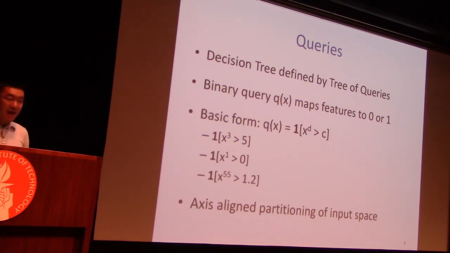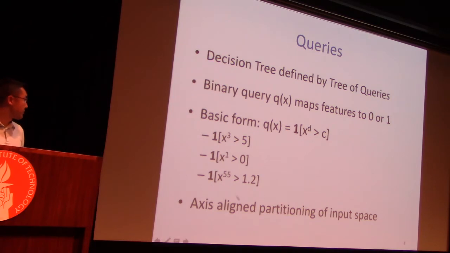The most basic form typically looks at a single dimension of the feature vector, as I mentioned before. So they take the following functional form: an indicator function of whether or not the D-th feature is greater than some threshold C. So all the queries can be parameterized by a D and a C, which dimension of the feature you're looking at, and some C.